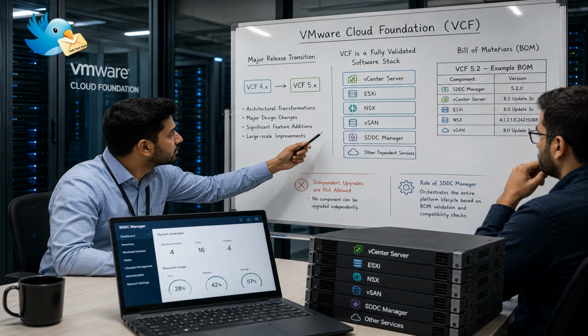That is considered a major release transition. This type of release often introduces a completely new generation of SDDC Manager functionality, major NSX architecture updates, lifecycle management enhancements, security framework improvements, and also support for newer hardware platforms and software integrations.